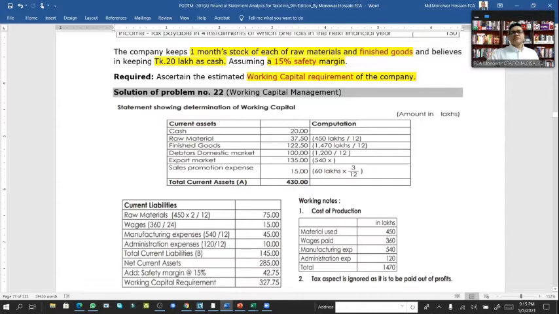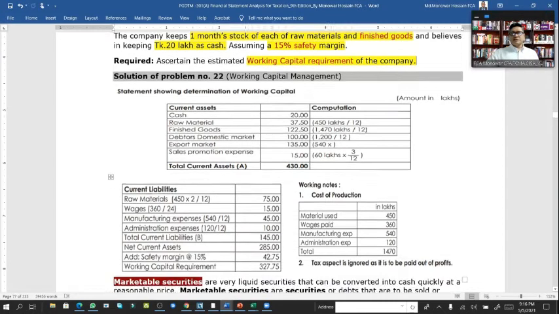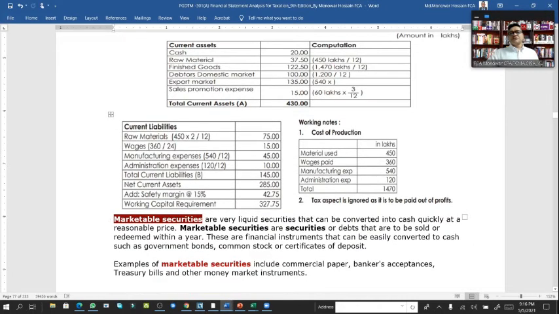So cash, 20 lakh has to be kept. It is the specific 20 lakh. Then raw material has to be kept for 1 month. So 450 lakh divided by 12 months gives 37.50 lakh for 1 month of raw material, which is a current asset. And finished goods, how do we calculate finished goods? First, we have to calculate the cost of production.